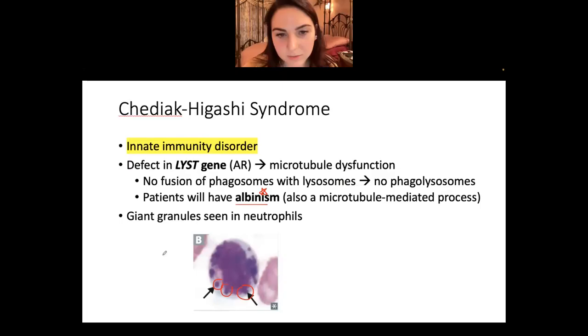So it's an issue when these board references vary. And what's even more annoying is they could be right. The ones that are considered wrong could technically be right, but that's too much of a level of understanding that they don't expect you to know for boards. So this is what you have to go with. It's really annoying. That's kind of what UWorld does, and that's why you tend to go with UWorld over First Aid.